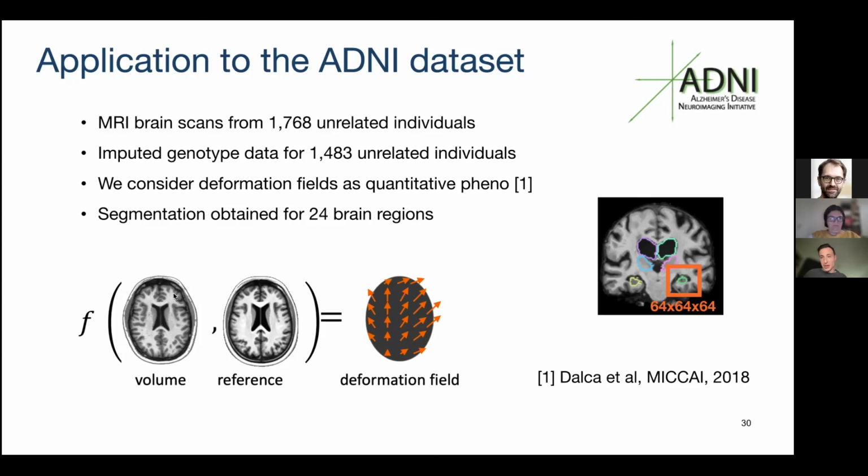So it's a representation of the data where all images, all voxels, are now registered to the same atlas, and it tells us how to deform that atlas to get to the sample. We performed the analysis independently for 24 different regions, and specifically considered a 64 by 64 by 64 hypercube around these 24 regions.